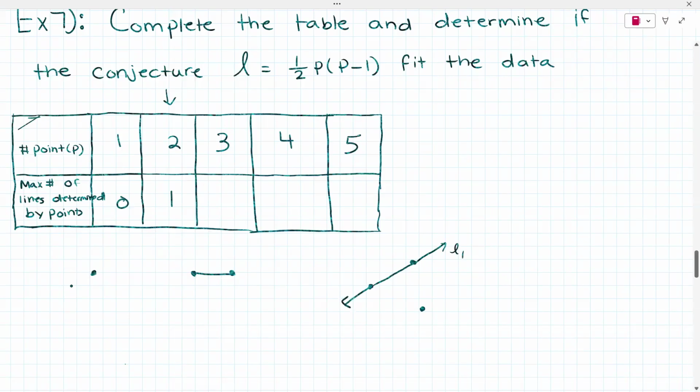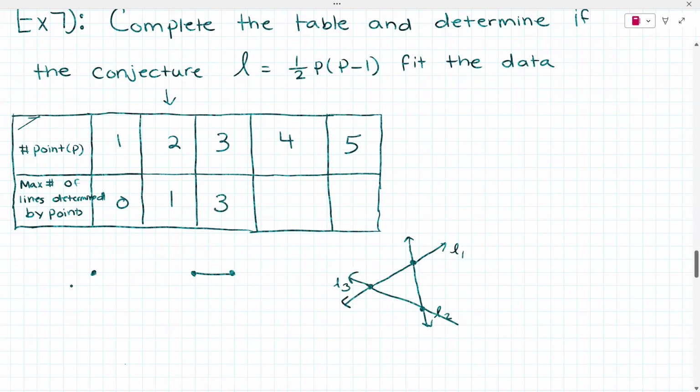And if you connect these 2 dots, this forms line 2. And if you connect this dot with this dot, you have line 3. So it looks like you can make 3 lines, right?